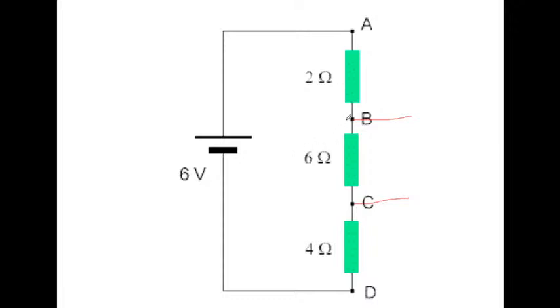So we have our bottom as 6, our top as 2. So 6 over 8 is our ratio times the 6 in. I'm going to skip the math there, kind of just verbally say it. So 6 over 8 times 6 gives us 4.5.